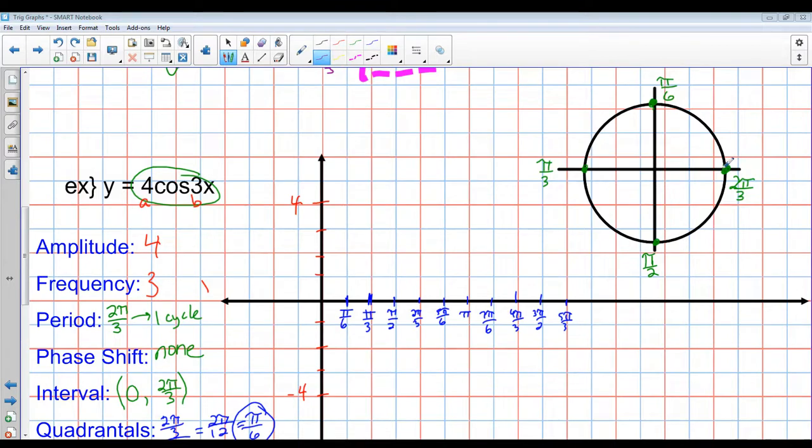So here's how we can use our unit circle. The cosine is the x coordinate. Let's go back to this. Since we have this stretch of 4, I know these quadrantal values are going to be affected by that.